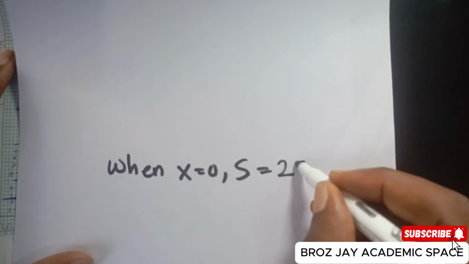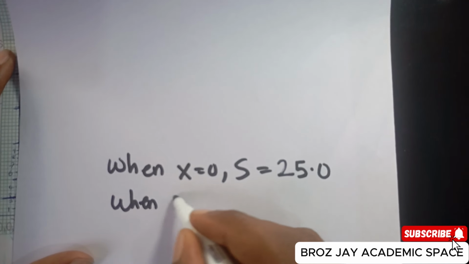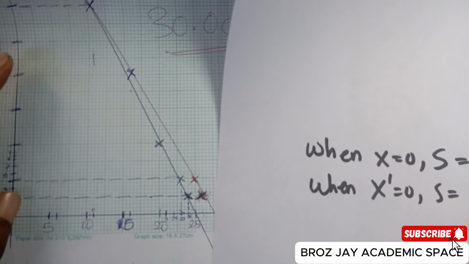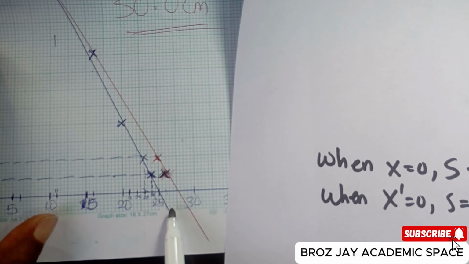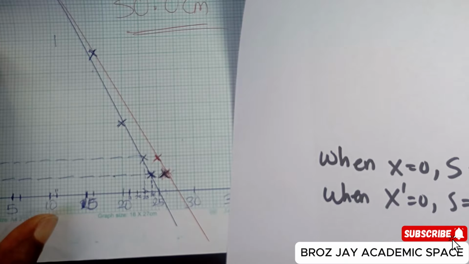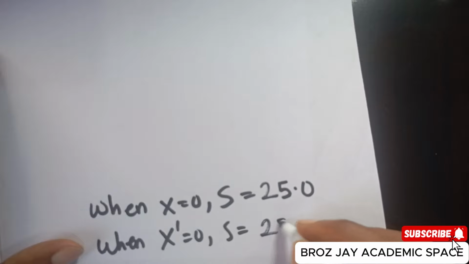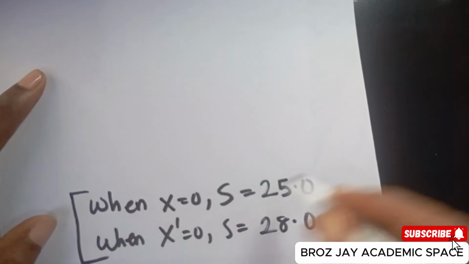So it will be 25.0 when s prime is equal to 0. When s prime is equal to 0, my s will be equal to what? Let me assume this is 26, 27, 28. So let me say it's 28.0. So that's how to get that answer.